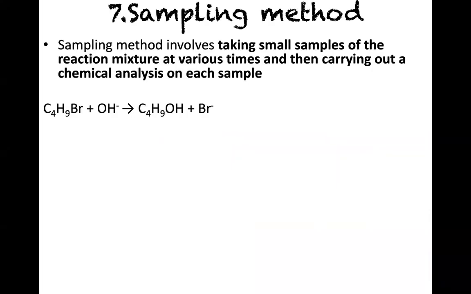So that was the continuous method. Basically, you let the reaction run until it finishes. The sampling method is usually done for titration. Sampling method involves taking small samples of the reaction mixture at various times and then carrying out a chemical analysis on each sample.